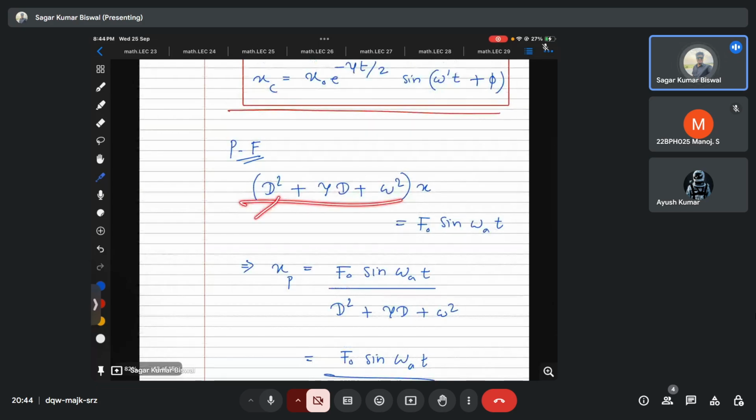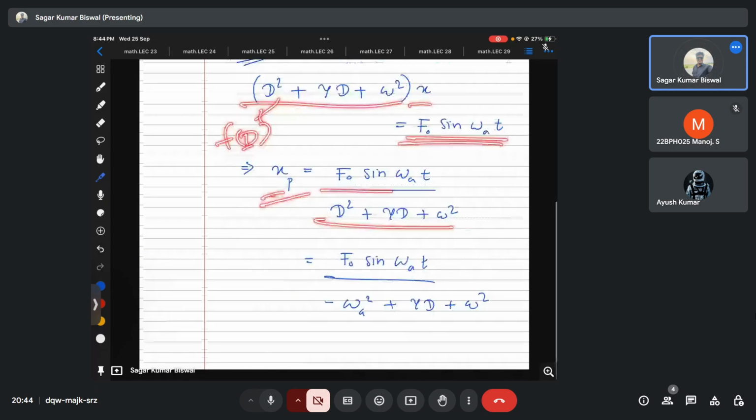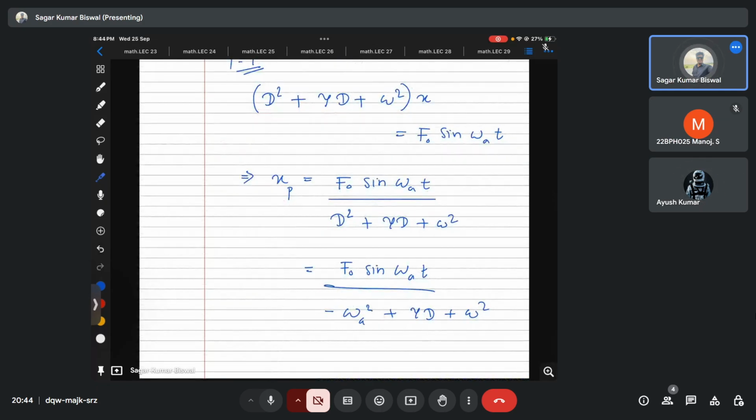Then how to find the particular function? Now this is the f of D, and the particular function will be this non-homogeneous part divided by f of D, and in the place of D square, what do you have to put? If the non-homogeneous part is sin x or cos x, what was the rule?